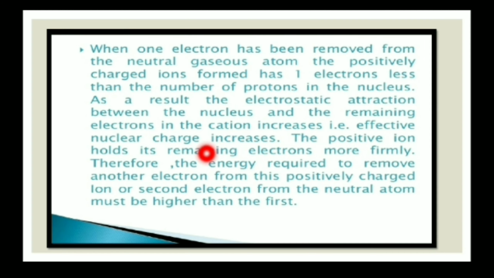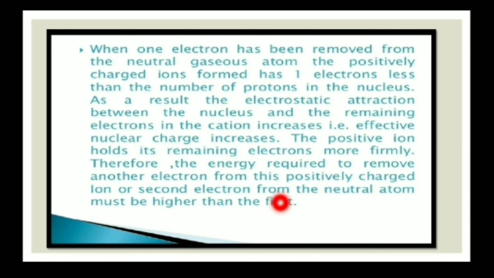The positive ion holds its remaining electrons more firmly. Therefore, the energy required to remove another electron from this positively charged ion, the second electron from the neutral atom, must be higher than the first. So the second ionization energy is higher than the first ionization energy.